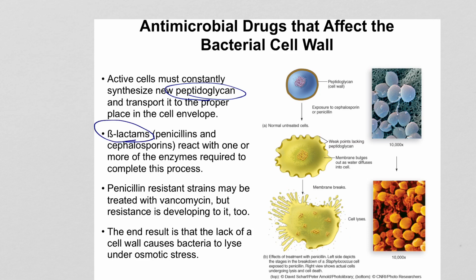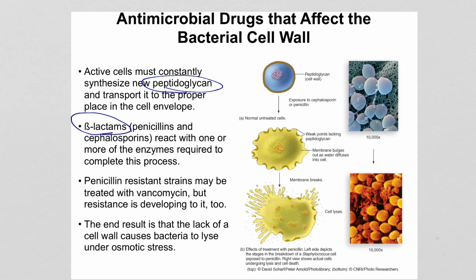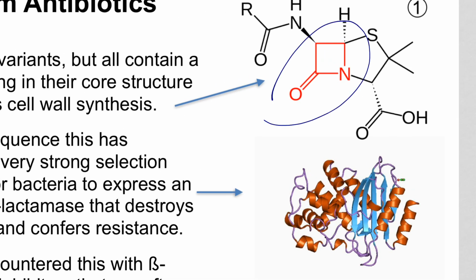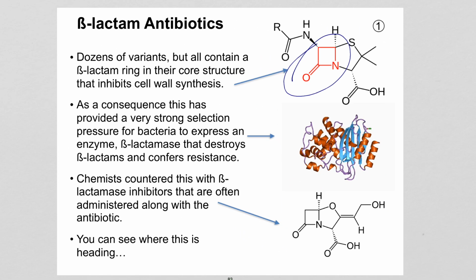These drugs called beta-lactam antibiotics, the most common ones are in the penicillin family, react with one of the enzymes in that synthesis pathway to turn off, or at least dramatically turn down, the production rate of peptidoglycan. Each beta-lactam antibiotic is slightly different. They're different molecules, but what they share in common is this structure highlighted in red called a beta-lactam ring.